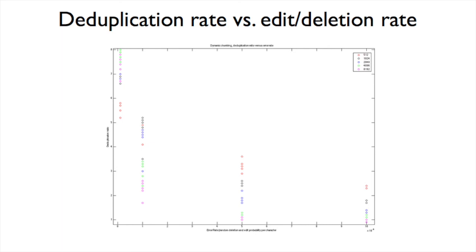Now, of course, as you get to a higher and higher error rate, you can see, look at the pink circles as you move to the right in the graph. You can tell that the performance goes down significantly once we start moving out of that low probability of a character changing or being deleted.